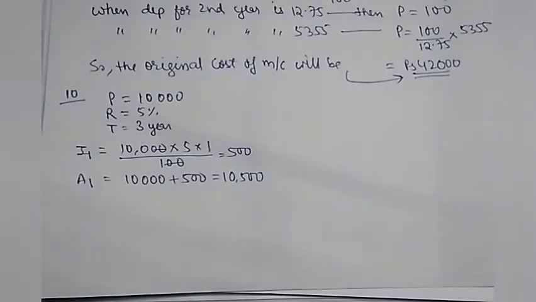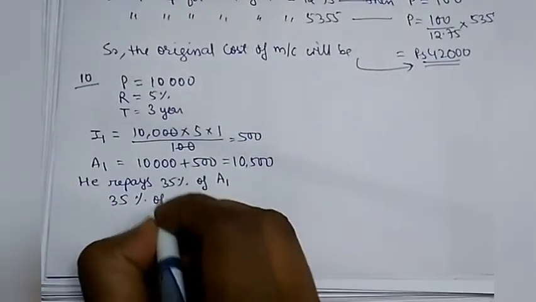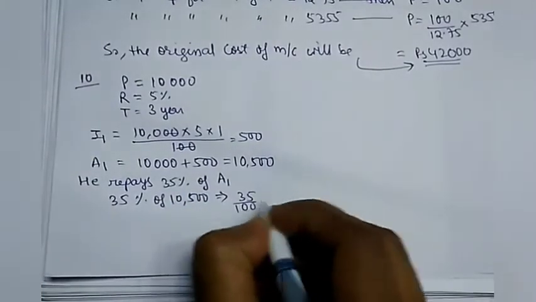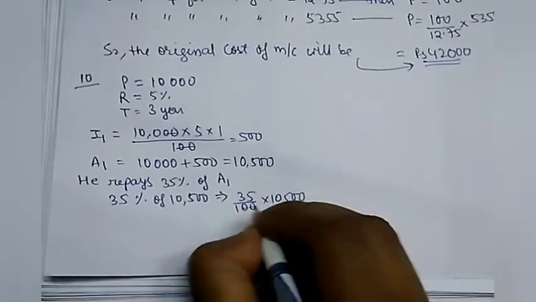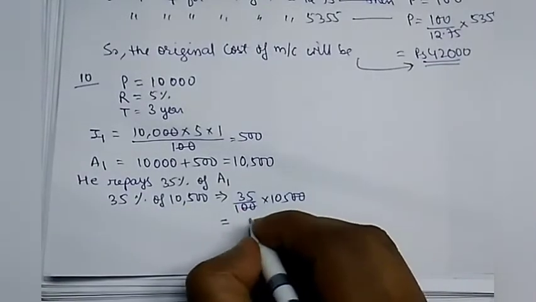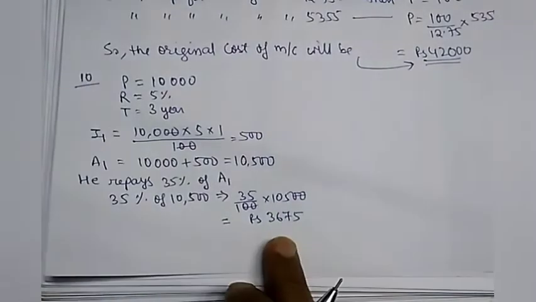The man repays 35% of this amount at the end of the first year. So 35% of 10,500 is equal to 35 by 100 into 10,500. This comes to rupees 3675, which is the amount repaid.